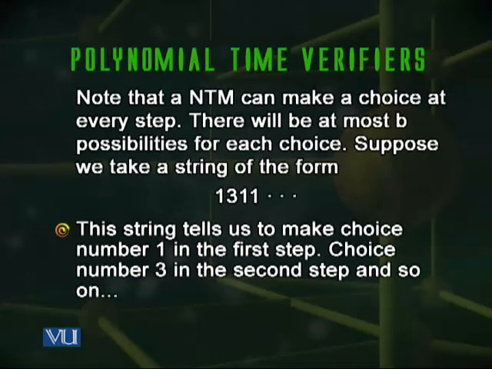From there on make the third choice. From there on make the first choice again, and the first choice again. So a string which tells us which choices the non-deterministic Turing machine will take is telling us which branch of the computation tree to follow.